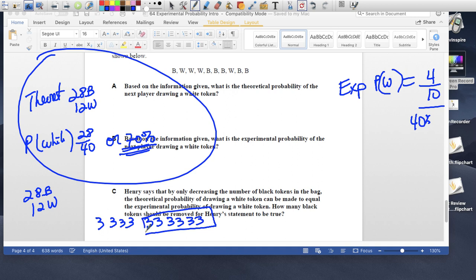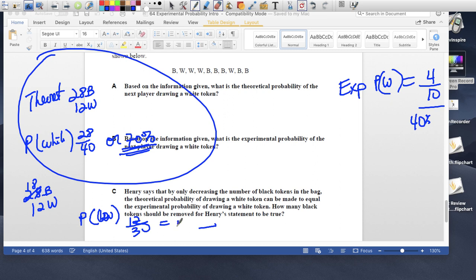So we would have to make the black ones 3, 6, 9, 12, 15, 18. I make that 18. So if I change the number of black tokens to 18, let's see what happens. If I were to ask you what's the probability of getting a white, well, white is 12 out of 30 because now there are 30 tokens, and it's 12 out of 30, 40%.